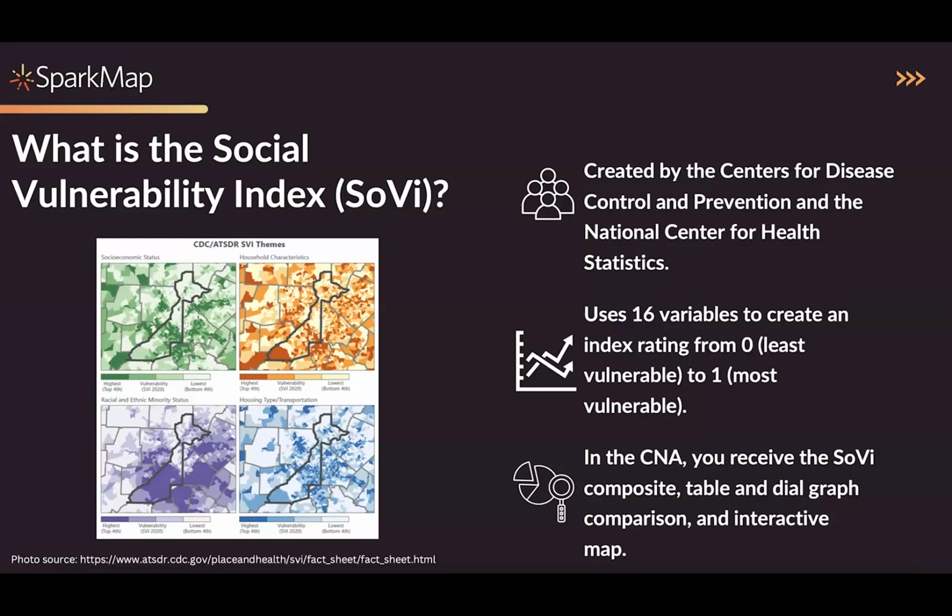This index uses 16 census variables, including socioeconomic status, household characteristics, racial and ethnic minority status, and housing type and transportation, to create an index rating the level of vulnerability of an area from 0 to 1. The higher a community scores, the more vulnerable it is considered to be.